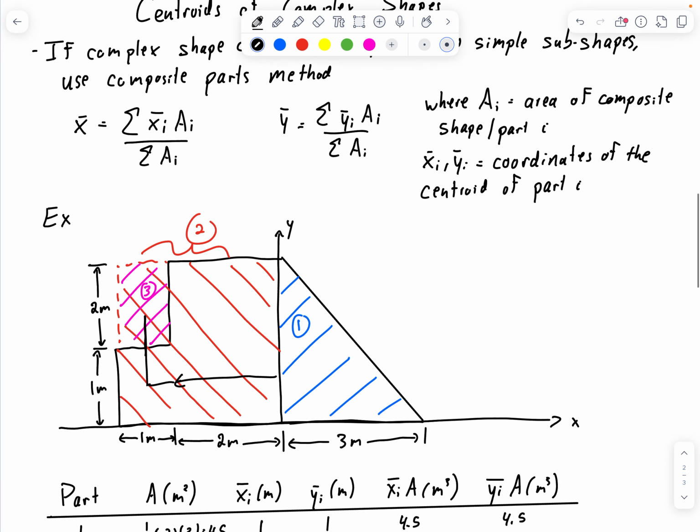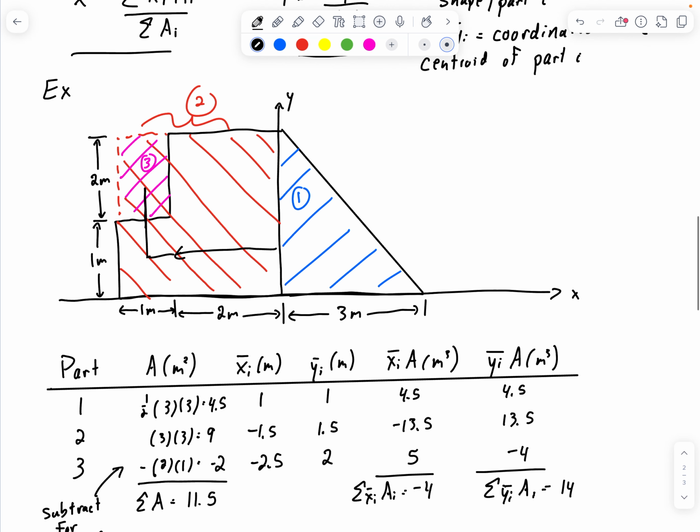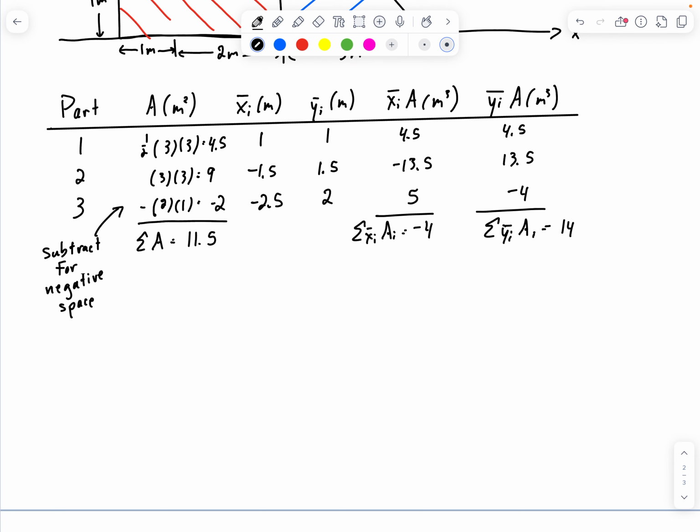That gives us everything we need to fill into these formulas up here, the x bar and y bar. So x bar is equal to the summation of xi bar times ai over the summation of ai, which is -4 divided by 11.5, which is equal to -0.35 meters.